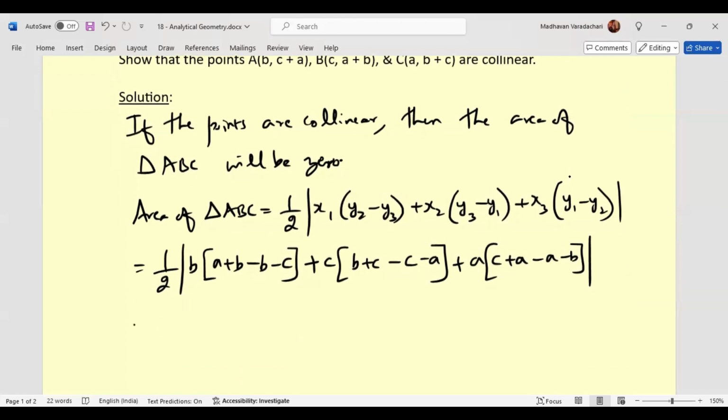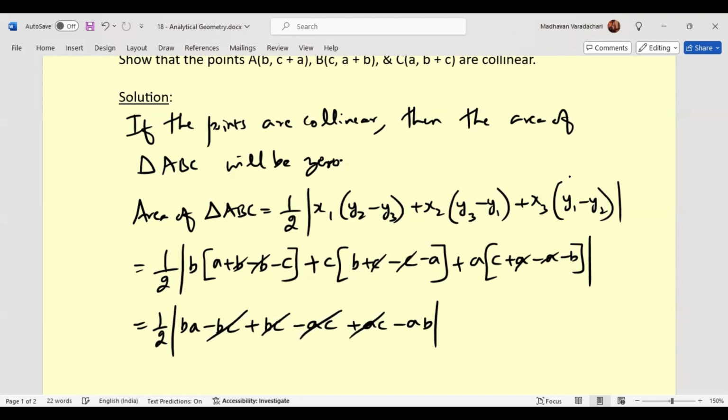Now let us evaluate this. The terms cancel: minus plus. Now let us multiply. Minus AC plus AC gets cancelled, minus BC plus BC cancels.